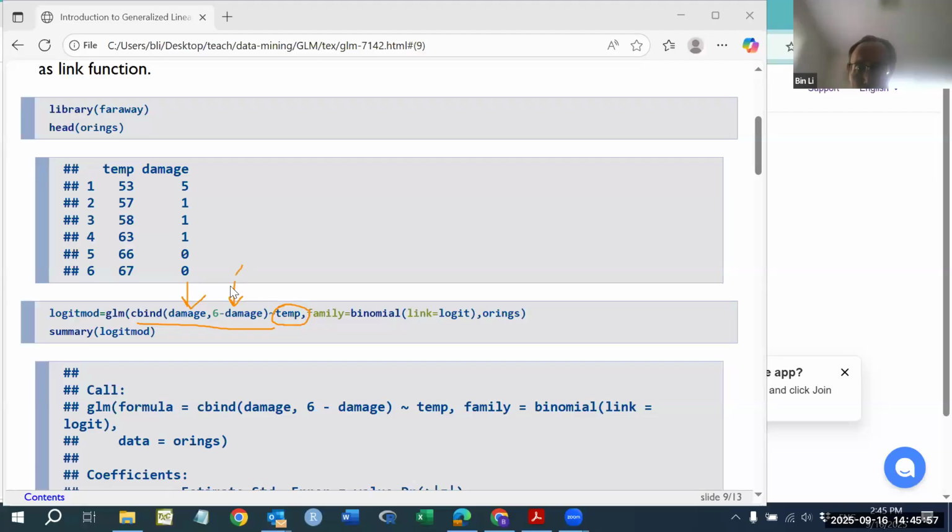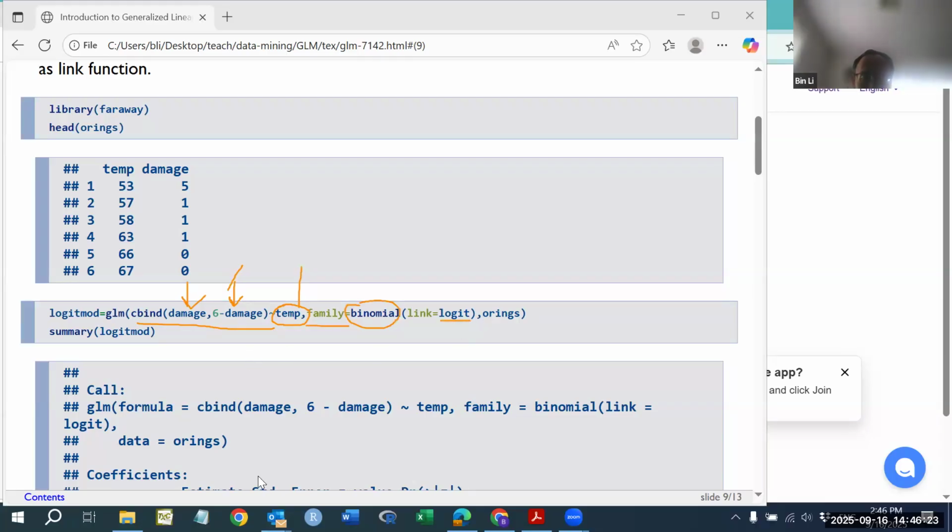This is the response, and this is the explanatory variable. And the family, what distribution should we use? The family means which distribution you should pick from the exponential families. So here we use the binomial, and the link function is the logit.